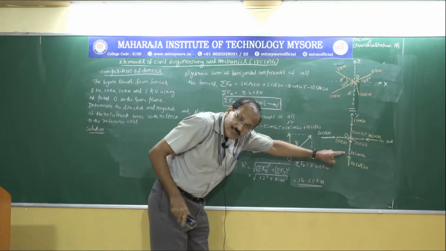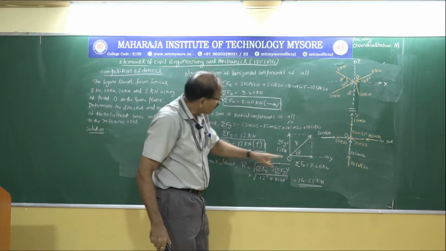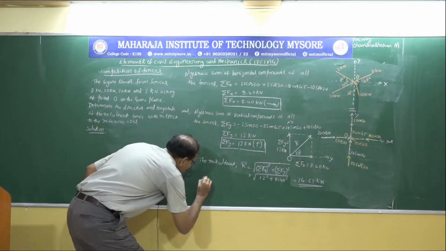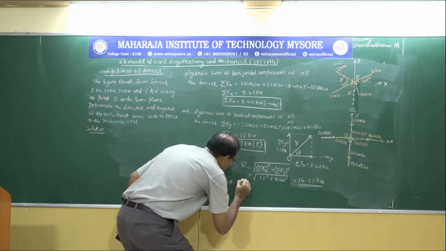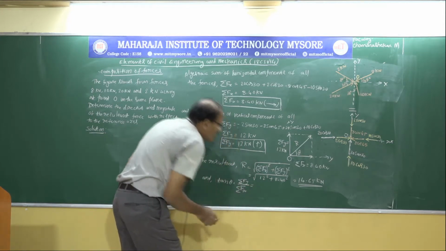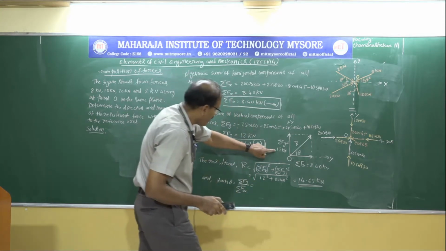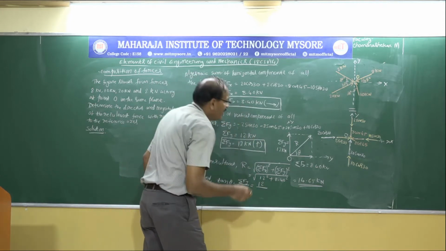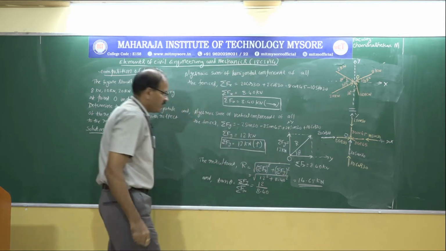I cannot show the direction of the resultant yet. I can only show the direction of the resultant after knowing the angle theta. So, tan theta equal to sigma Fy divided by sigma Fx. Sigma Fy is 12, divided by sigma Fx, which is 8.40.